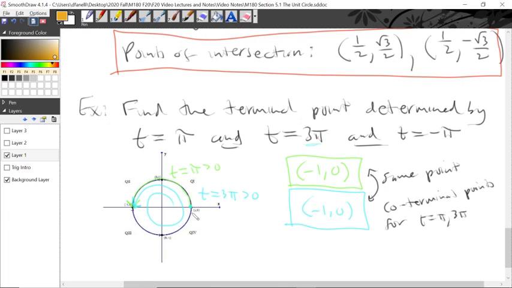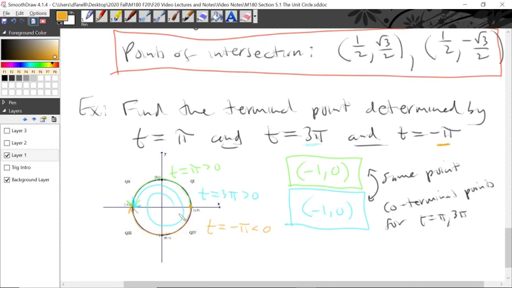All right, now let's take t equal to negative pi. Well, if t is negative, then we're going to be traveling in the clockwise direction. We're still going to start at the point (1, 0), but now we're going to rotate in the negative direction. The distance we're going to travel is pi. The negative is the direction, the magnitude is the distance.